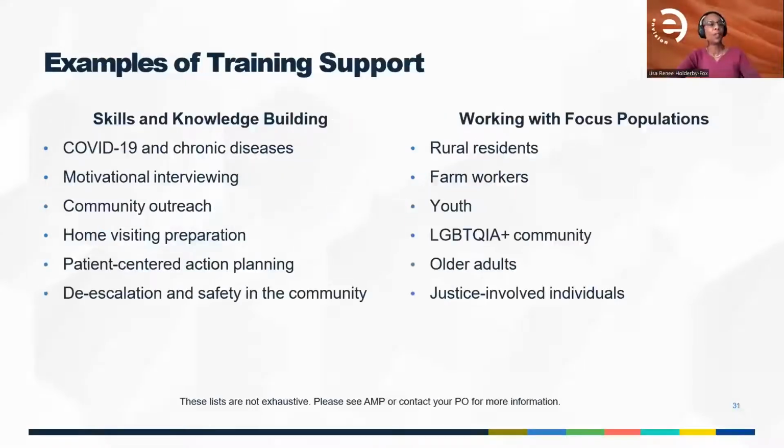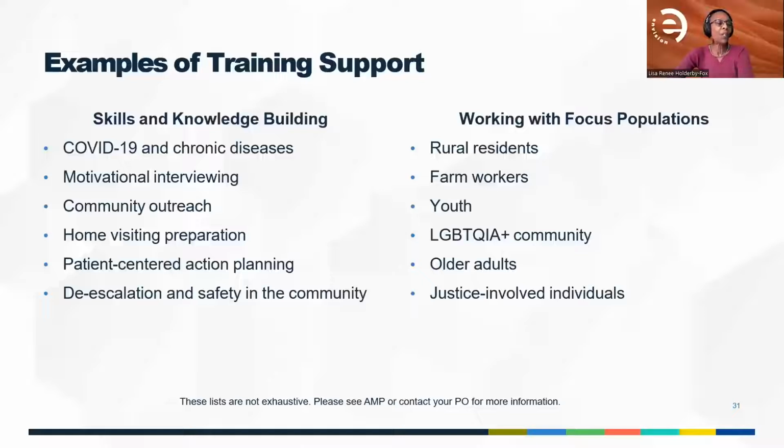Next slide, please, Courtney. I'd like to share a few examples of types of training support that we can offer. Within the skills and knowledge bucket: COVID-19 and chronic diseases, motivational interviewing, home visiting preparation, patient-centered action planning.